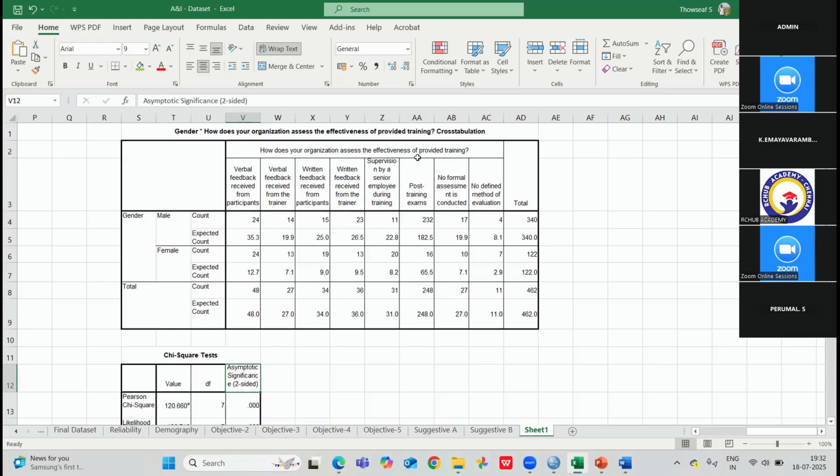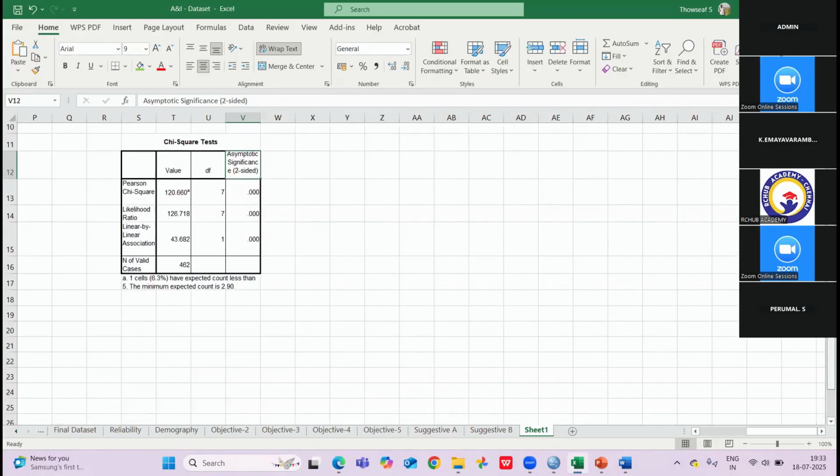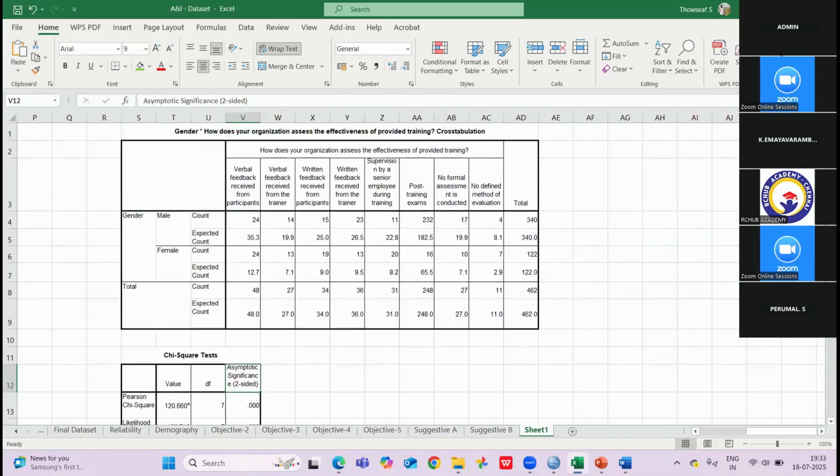So that should be your introduction. In the hypothesis, you have to write that there is no significant association between male and female in assessing the effectiveness of the training program. So that should be your null hypothesis: there is no significant association.